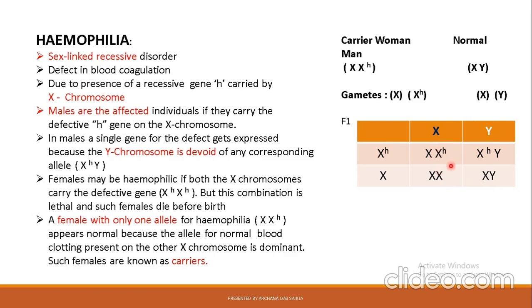What can happen if the normal X from the father combines with the defective allele carrying X chromosome of the egg of the female, then it may form a female child where the child will again become a carrier. She will again have the carrier gene in her body.